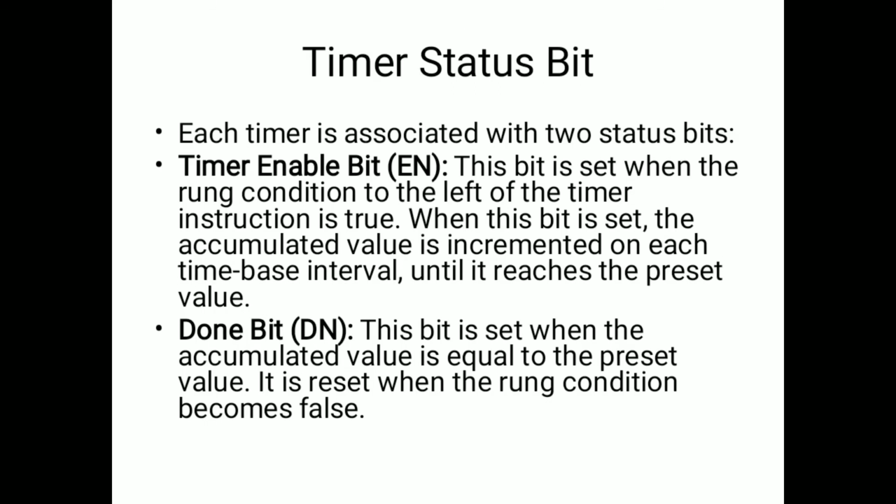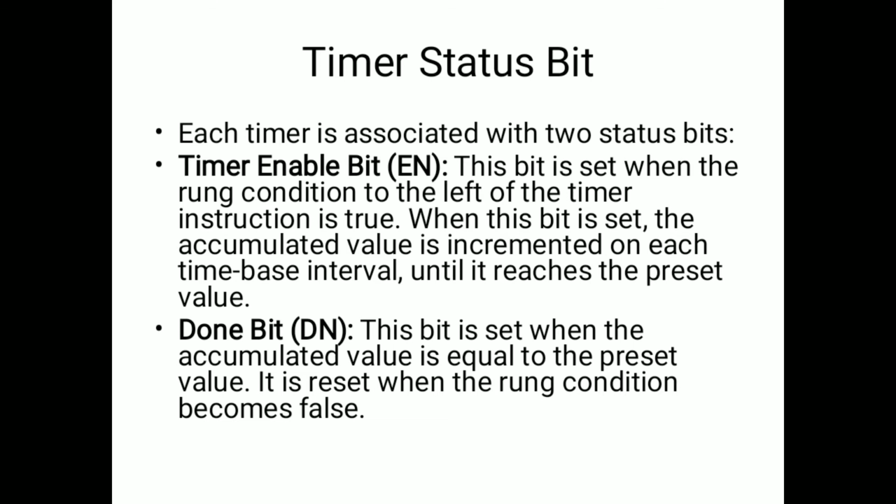Similarly, we have two status bits that are used for timer operations, called the timer enable bit and the done bit. The timer enable bit is very necessary. When a timer is started, it will run only when this bit is 1. Otherwise, if this bit is 0, the timer will not run and the accumulated value will not be incremented.